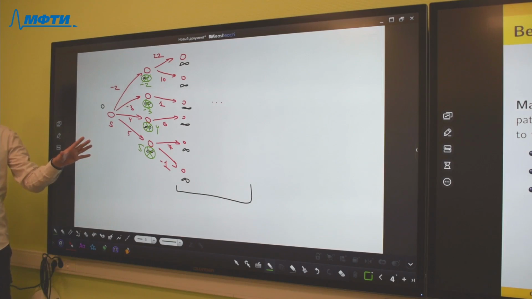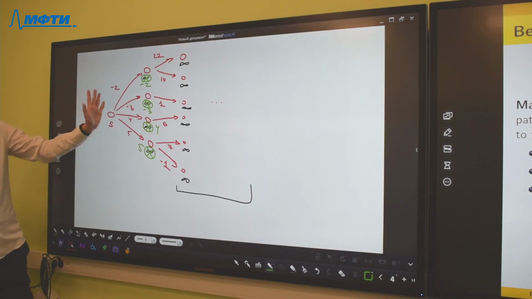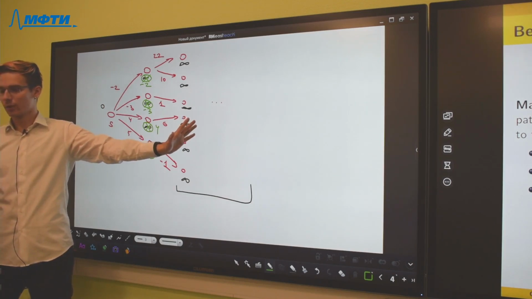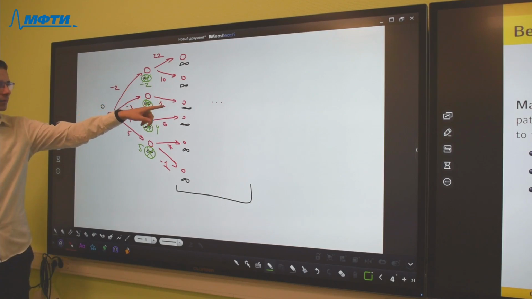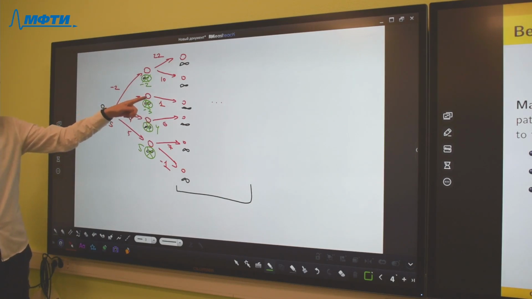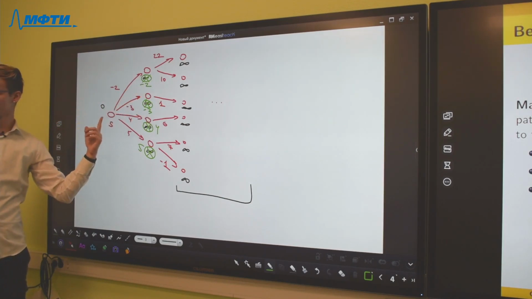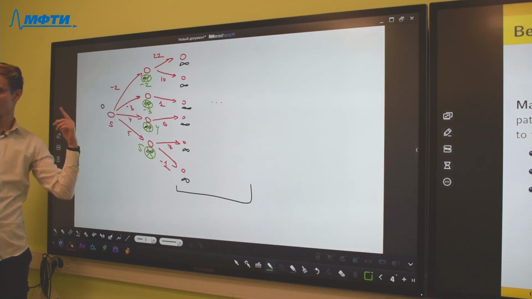Understandable. And if we know this order, we can say that there is no path smaller than -3 connecting this vertex and this one.